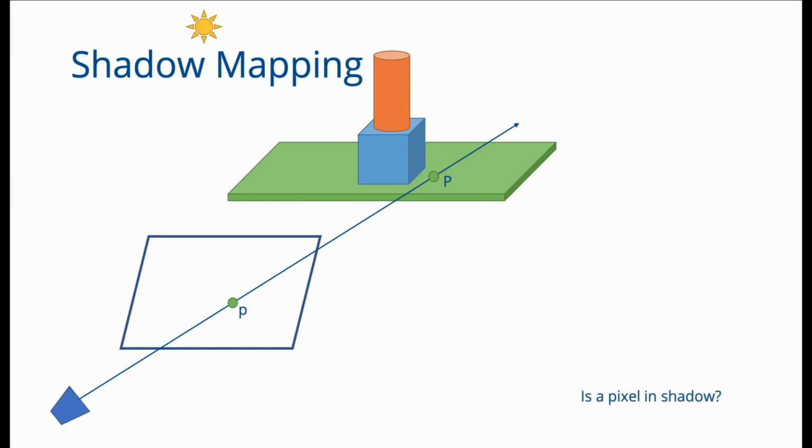If this pixel p is the image point corresponding to a real world point, capital P, then a shadow will appear at small p in the image if the real world point, capital P, is in shadow with respect to the light source. So how is this done? This is done as a two-pass rendering algorithm.